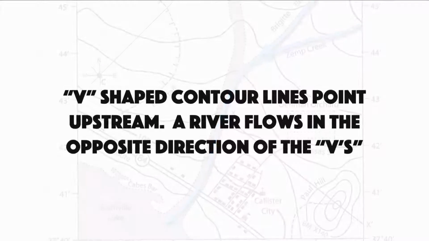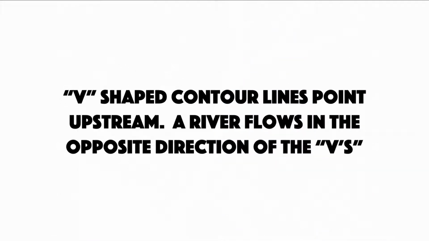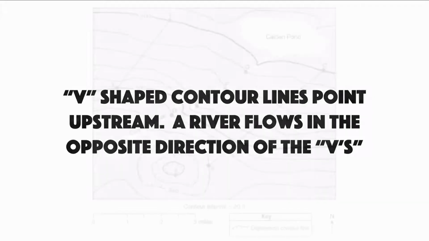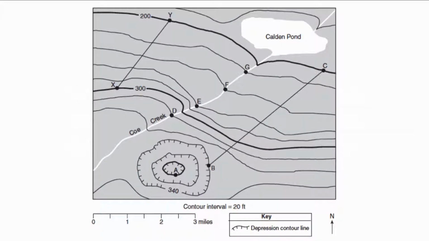The other way to determine the direction a river, creek, or stream is flowing is to use V-shaped contour lines. They'll always point upstream. So for instance, if I look at this topographic map, pay close attention to where I'm drawing the following shapes.